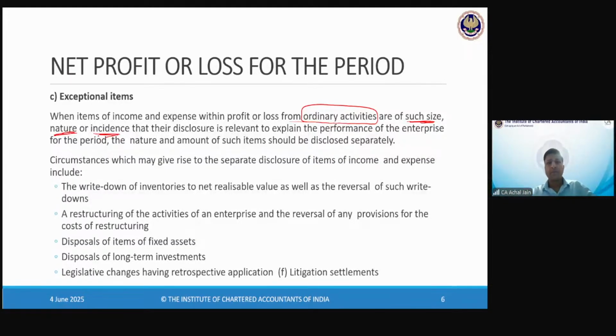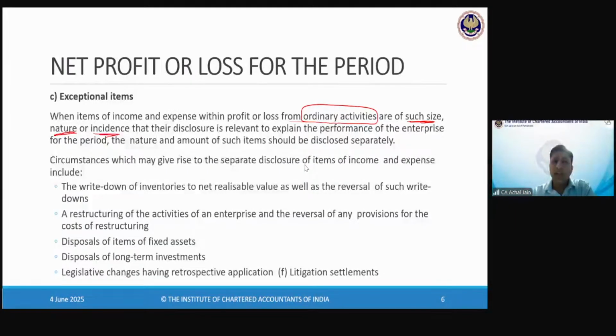Now, other than exceptional items, there was also an area about errors in relation to previous years. That is what we discussed, which is also called prior period items. So can you give me some understanding about prior period items?